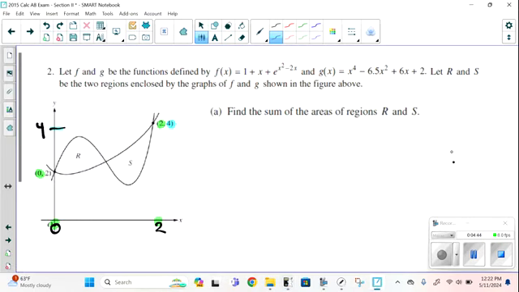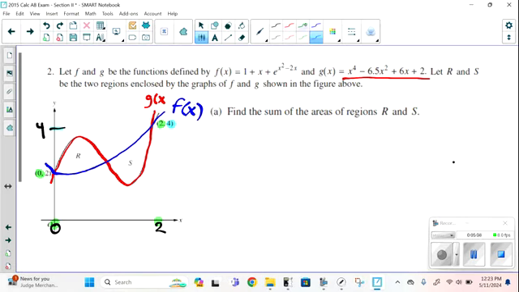So what I'm going to do here, red, g of x is this one that comes up, down, and back up. This is g of x. And f of x is just this little loopy one. Goes right through here. That's f of x. We've identified what is what.